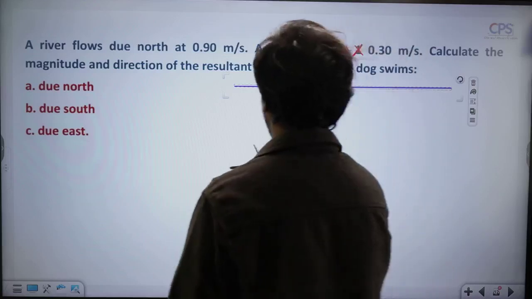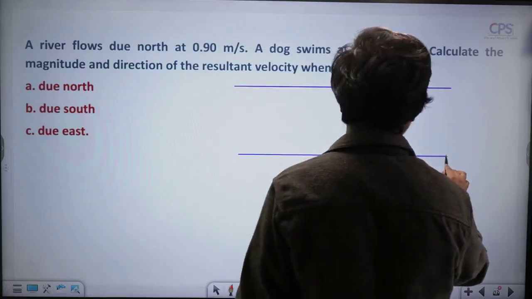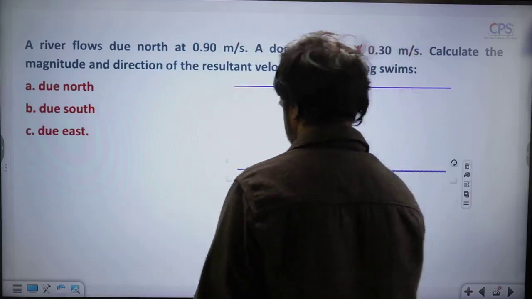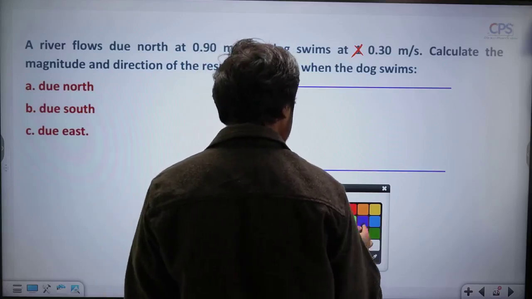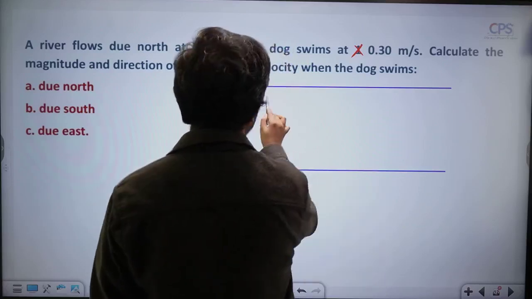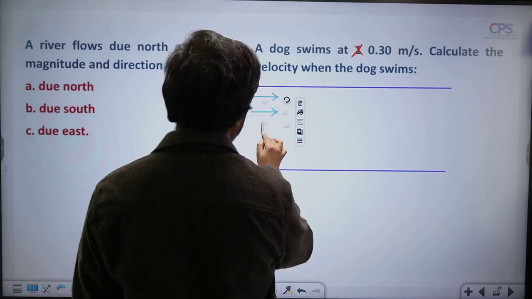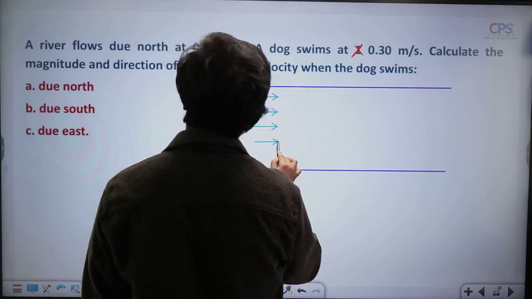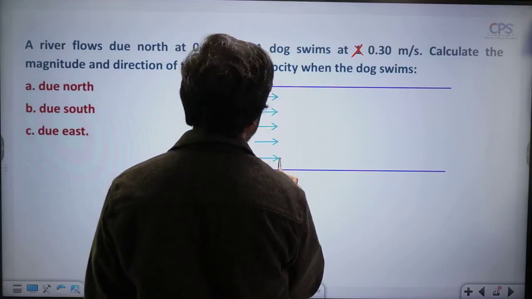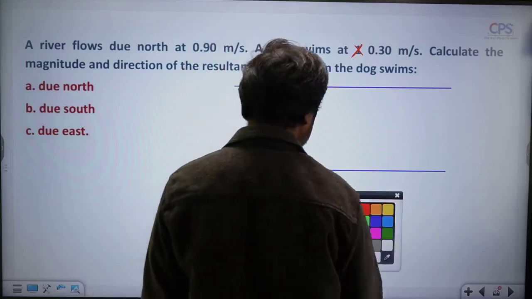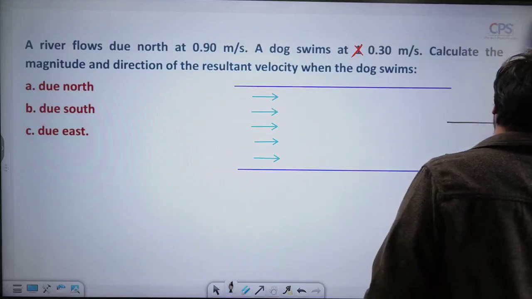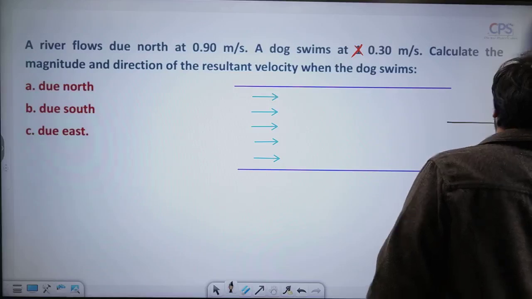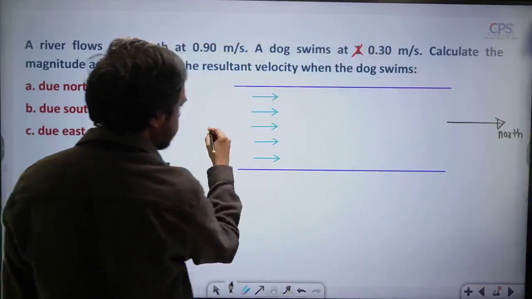Okay, this is the river, and in the river, what is flowing? The water, right? So the water is flowing to which direction? See, due north means in the northern direction the water is flowing. So this is, see, this is north. So opposite side of it will be south. Okay.